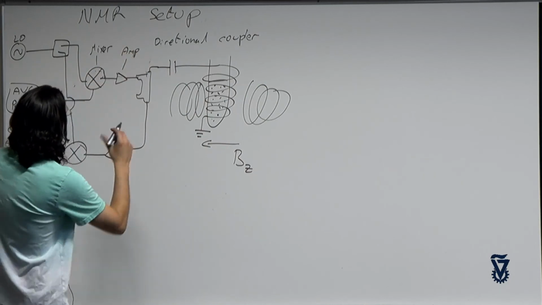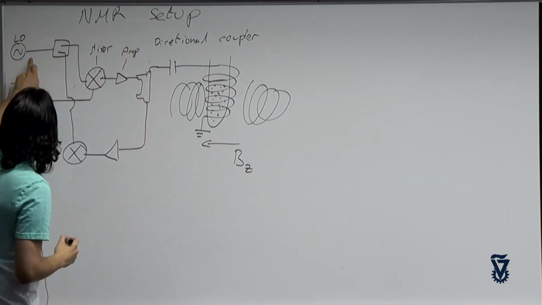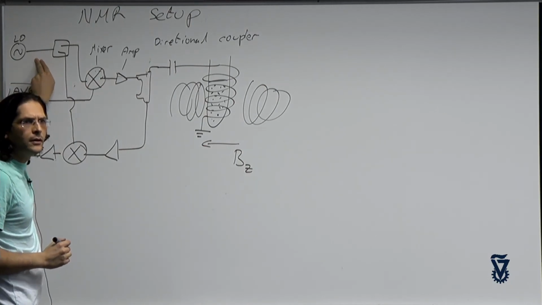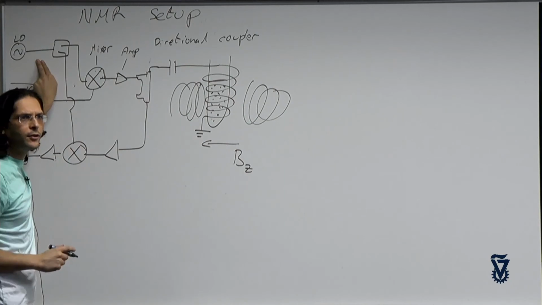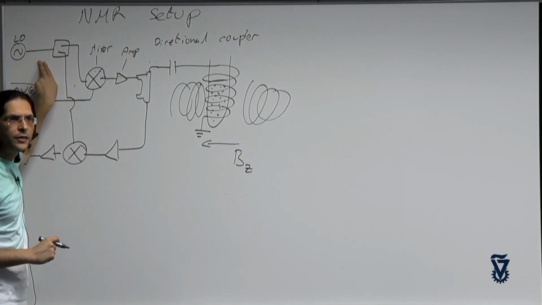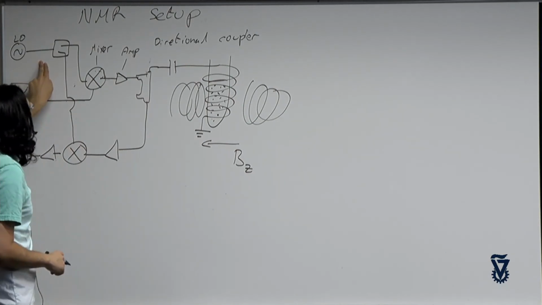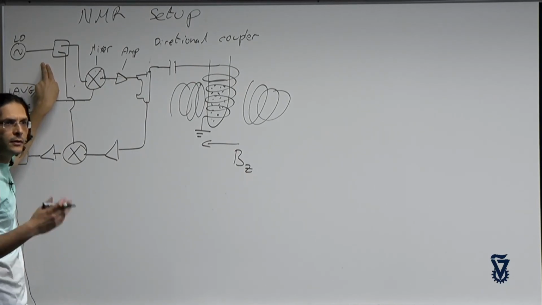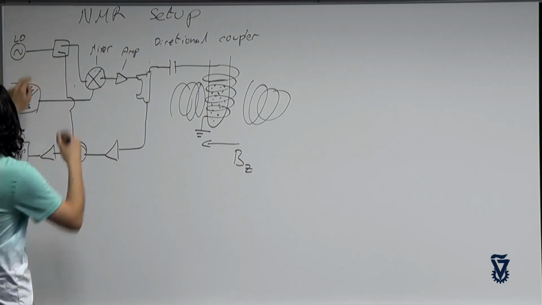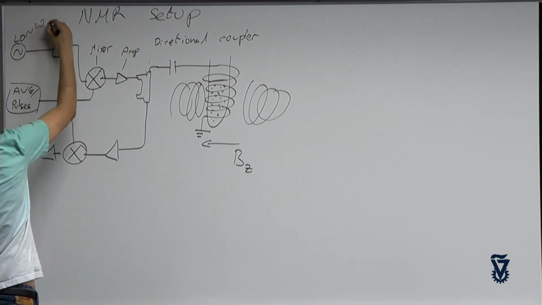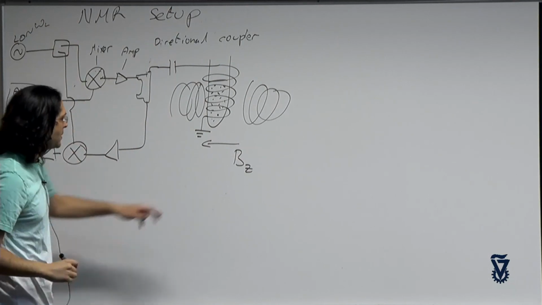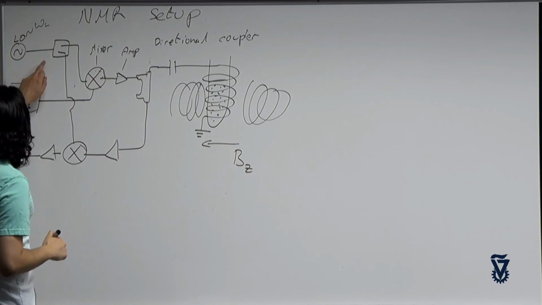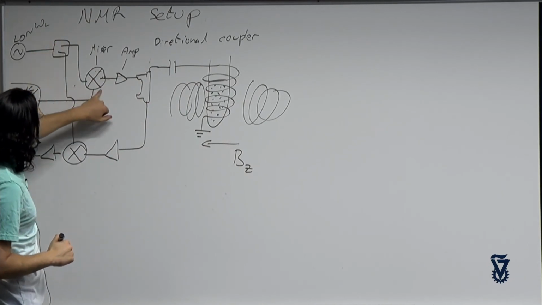What's going on here is this LO is called a local oscillator. Basically, you want to set it somewhere around where you think the resonance frequency of your nuclear magnetic moments is going to be. So this is basically somewhere around the Larmor frequency, according to the B field. This is going to be split up, and it goes into a mixer.